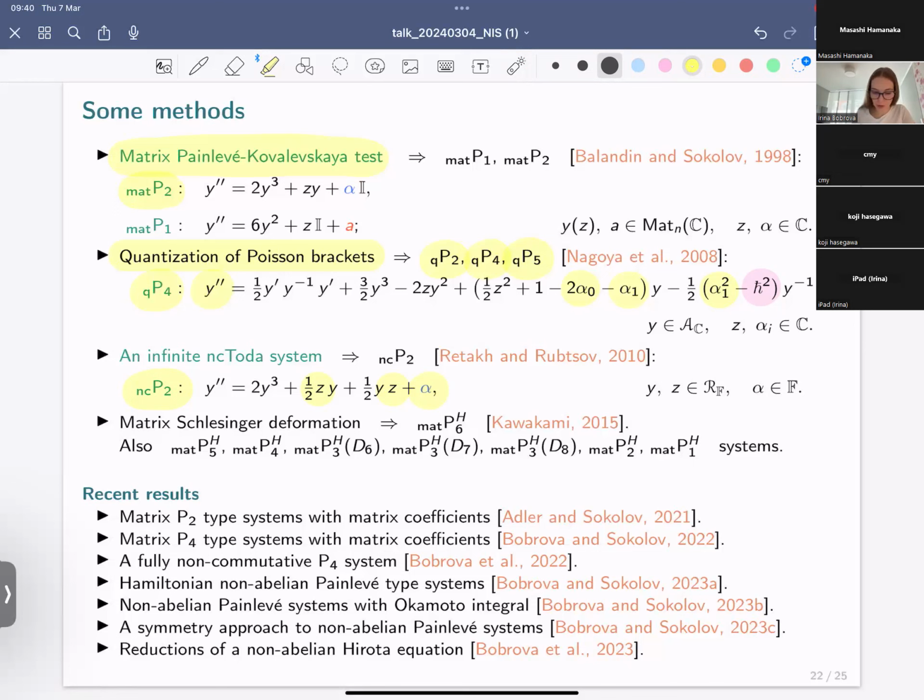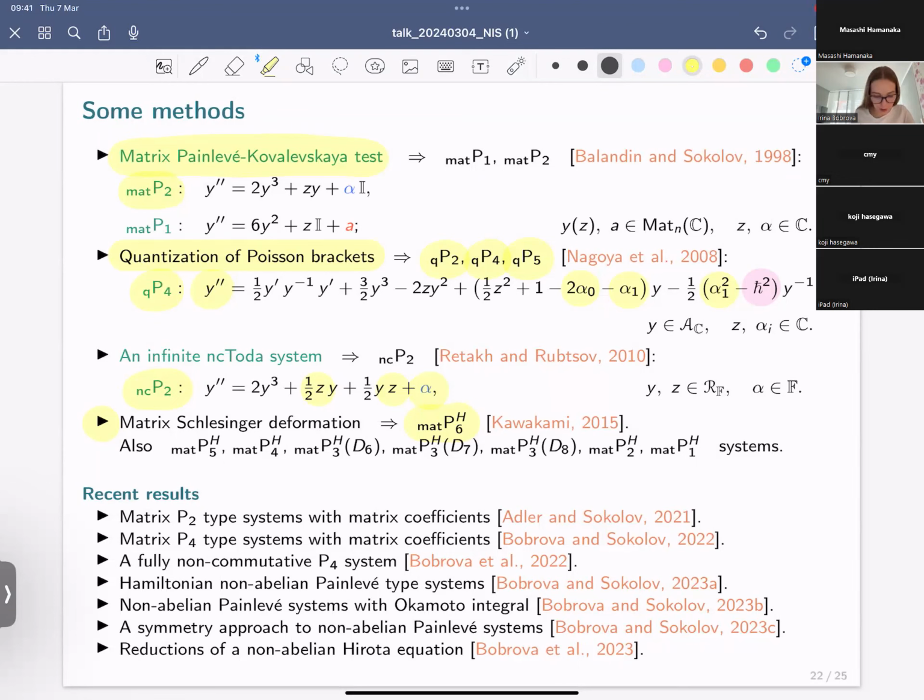And one more method, more natural than the previous two, I would say, is related to matrix Schlesinger deformations. By using this method, we can obtain matrix Painlevé 6 equation, and since it's a master equation, we can obtain from this equation the lower Painlevé equations by using the degeneration procedure.